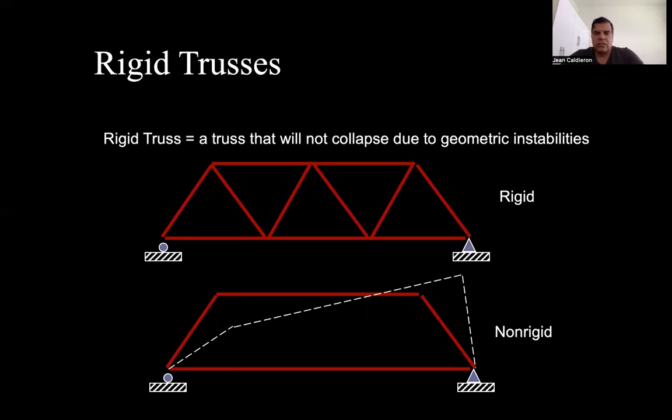When we have a truss like this one that doesn't have a triangle, it starts to be non-rigid. I mean, it can deform with the change of dimensions of the members.